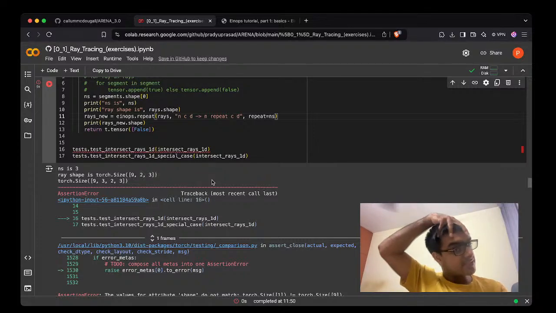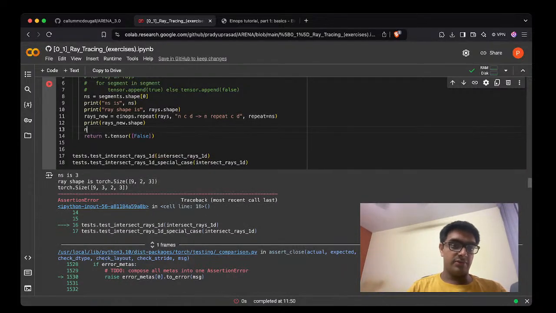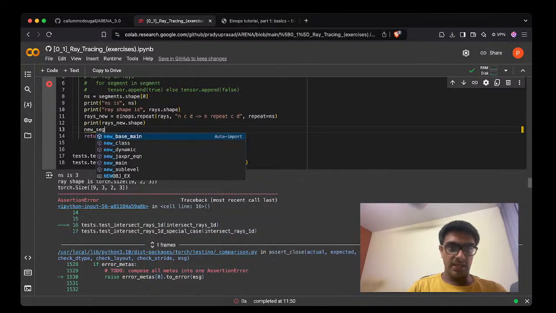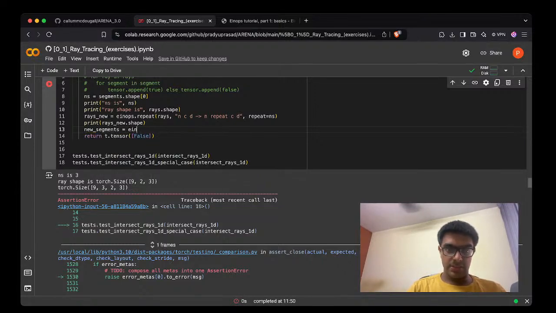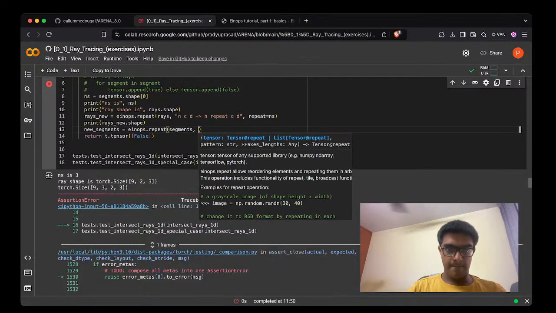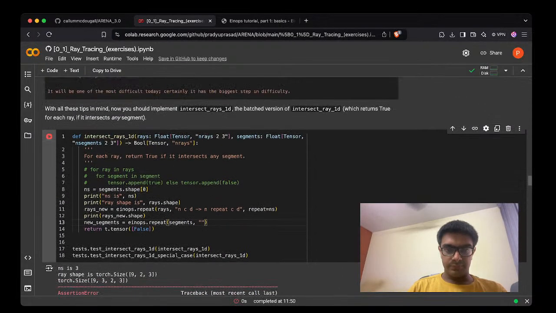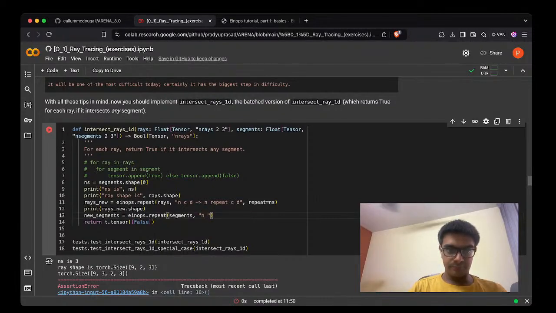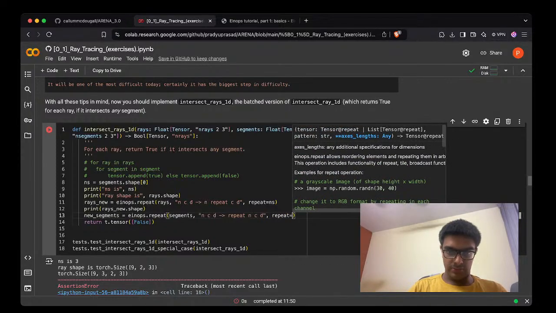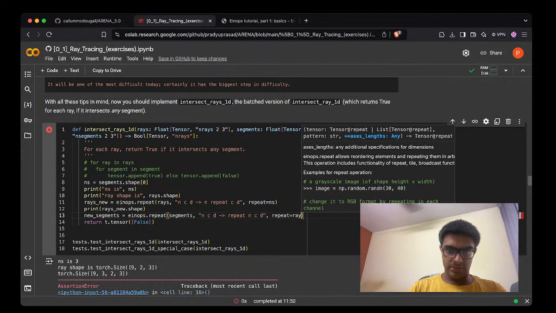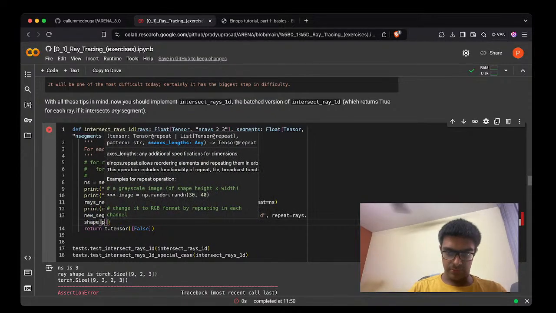Now we have this, and we also have to do new segments equals einops.repeat segments. Segments have number, count, dimension. Returns repeat number count dimension, comma, repeat equals rays.shape[0].